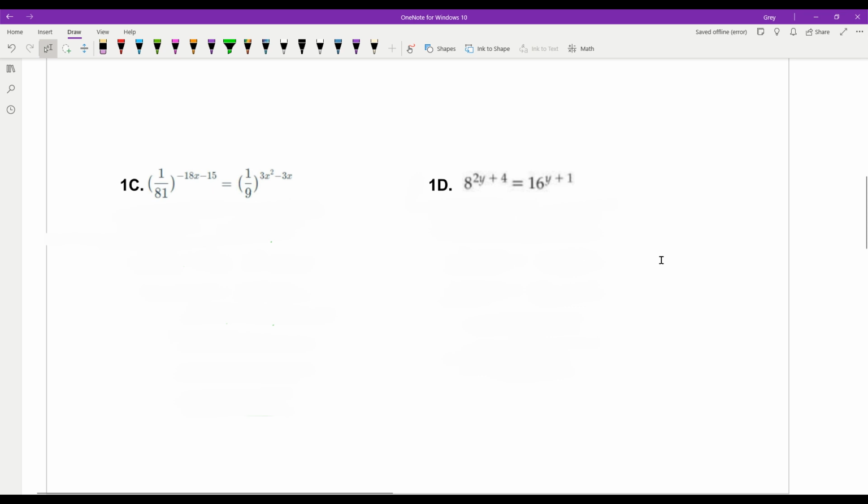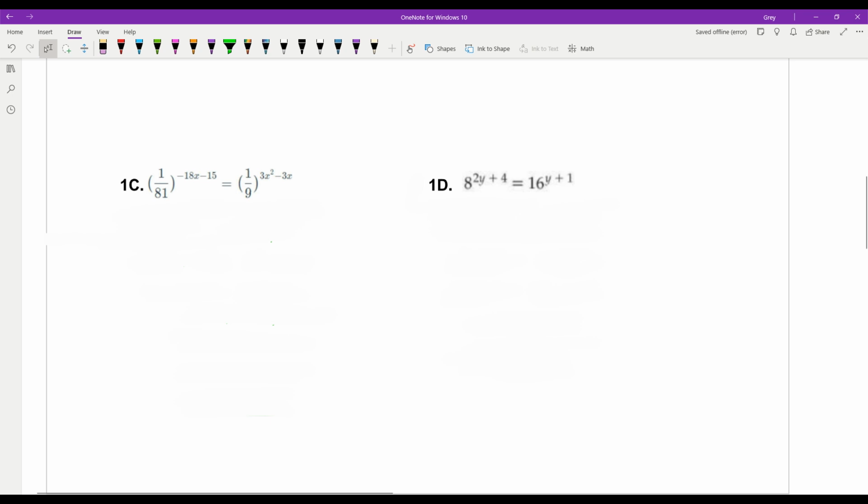All right, look at 1c. Nope, I don't think I read that right. 1 over 81 raised to the negative 18x minus 15 equals 1 over 9 raised to the 3x squared minus 3x. So I want to write them both with the same base. Okay, so can 81 be written as a power of 9? By all means.